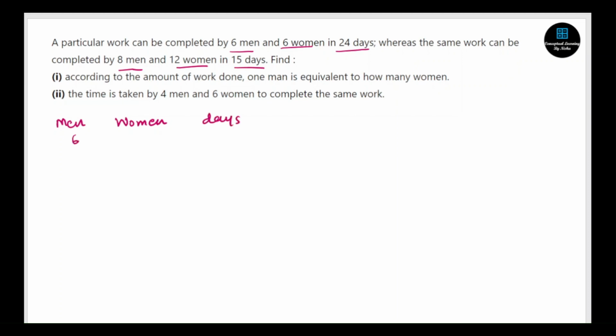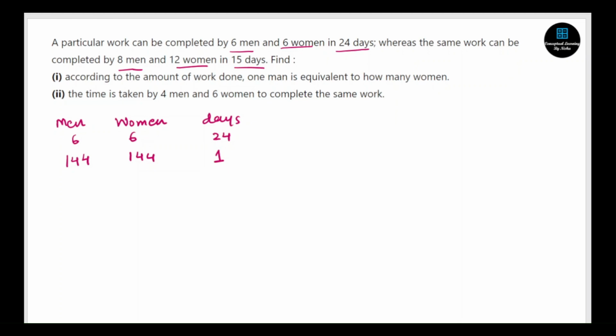Now 6 men, 6 women, and the number of days is 24. So I'll make the days 1, so I have to multiply them by 24. So I'll make this 144. So 144 men and 144 women can complete the work in 1 day.